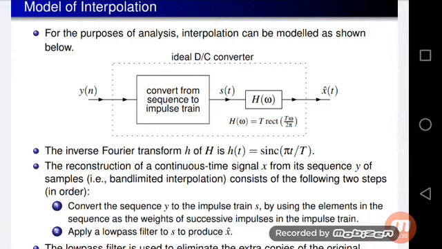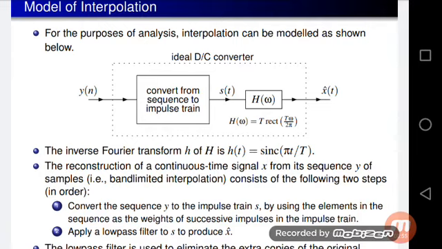What is the meaning of interpolation? Interpolation is used to change something back to the original signal. That means it is a converter.